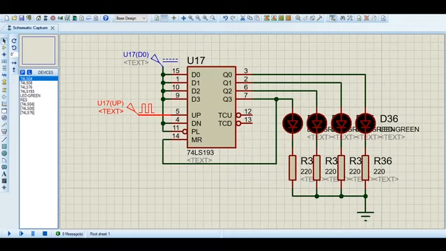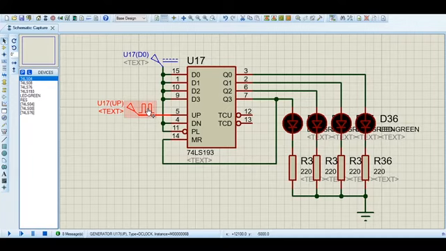So this is the circuit for the example. By the way, before I play the circuit, when using clock generators in Proteus, you may adjust the frequency of the clock generators to make the counting go faster or slower. You can do that by going to the component properties and changing the frequency value.